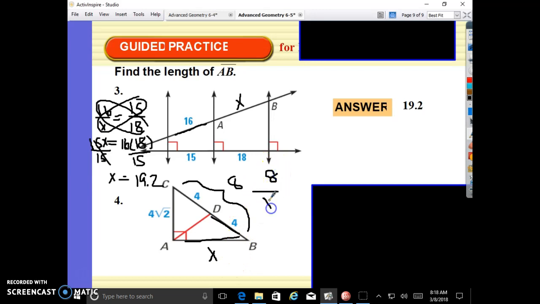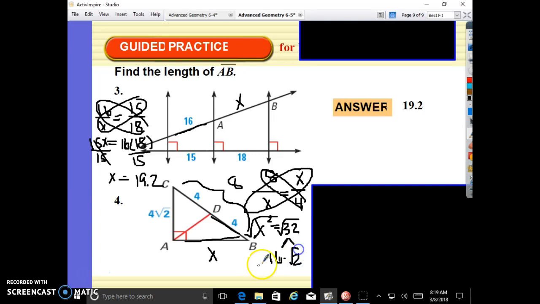X is to 8 as the whole hypotenuse is to the leg, which would be x squared equals 32. Square root of 32 reduces to the square root of 16 times the square root of 2, or 4 rad 2.